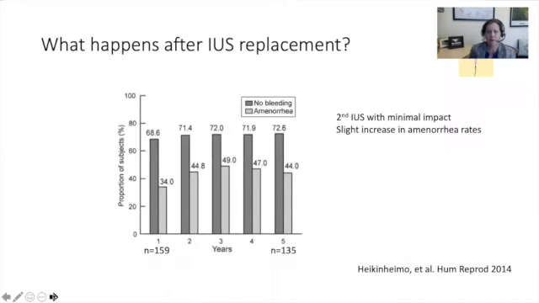And this even appears to continue into the second IUS in obviously satisfied users, with continued increased rates of amenorrhea and minimal impact of the replacement on bleeding, up to a proportion of approximately 44% amenorrhea, or really up to almost 72% of nearly no bleeding at the end of the second IUS. Next slide, please.